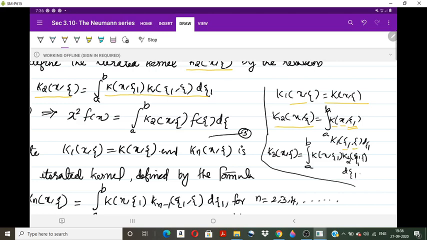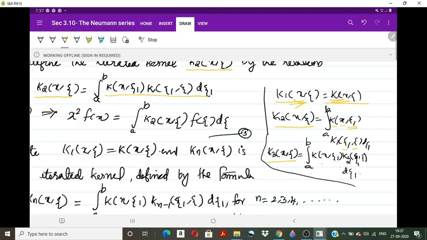Then similarly we can define k3 as integral a to b k of x theta 1, then k2 of theta 1 theta, d theta 1.